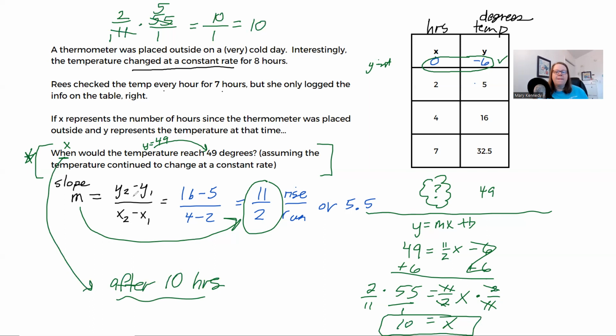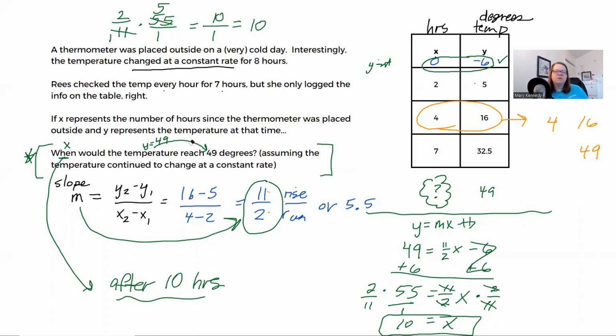And so, I'm just thinking, what's another way we could have done this? Well, we know 4 hours is 16, and I want to go to 49. And I know it's going up 11 degrees every 2 hours.